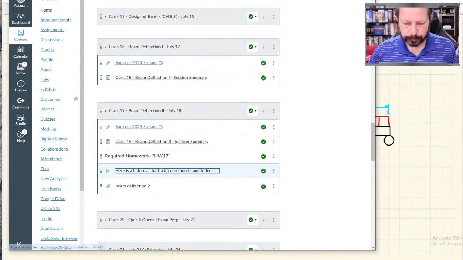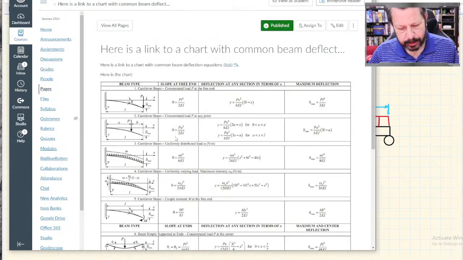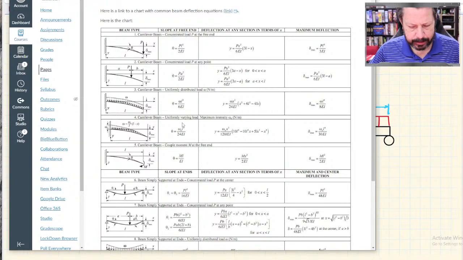Now, this chart isn't from the book that the WebWork problems were created from, but I think the equations should be the same. They might look different as far as the way they're arranged, but I think they should be the same.